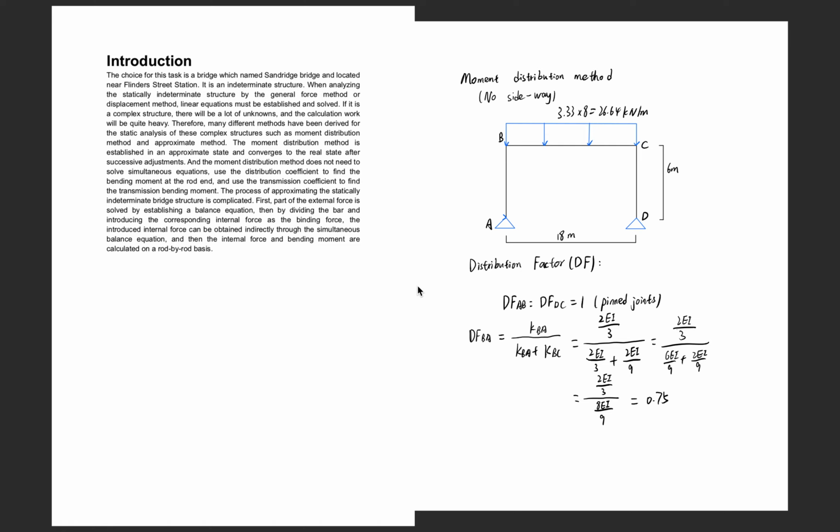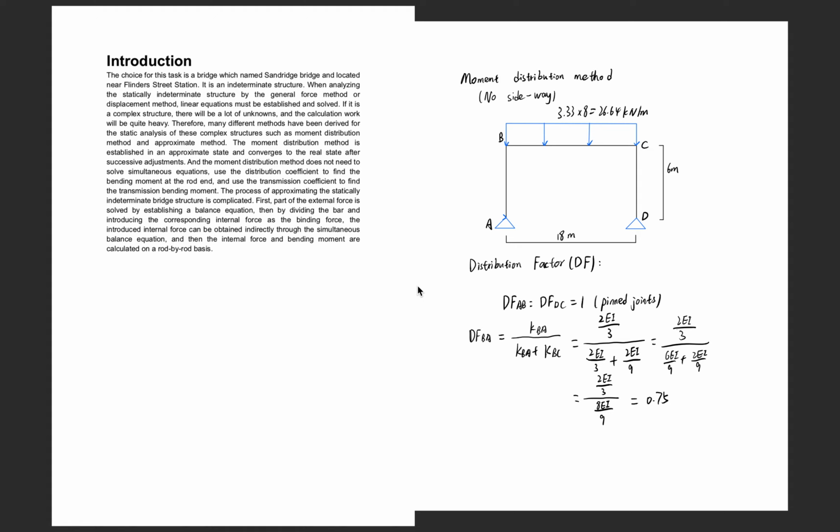First is the moment distribution method. There is no sidesway, and we calculate the distribution factors first. DFAB equals DFBC equals 1 because of the pinned joint. DFBA equals KBA divided by KBA plus KBC.